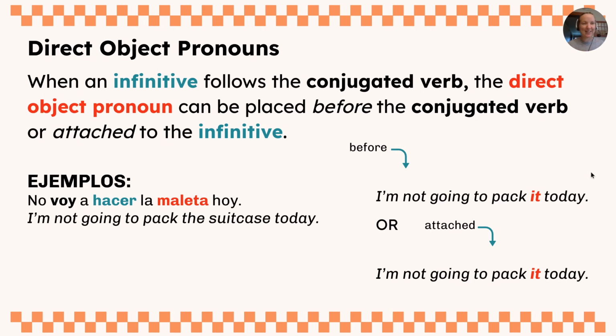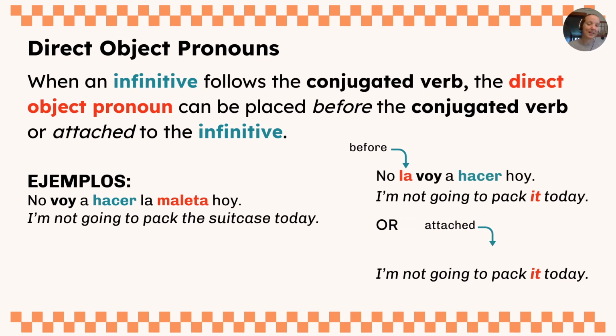La maleta is the noun that we are replacing. Is la maleta masculine or feminine? And is it singular or plural? After thinking about that, try writing that first example where our object pronoun is coming before the conjugated verb. Go ahead and pause the video now.